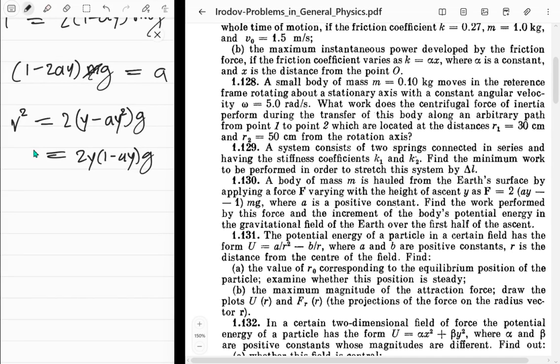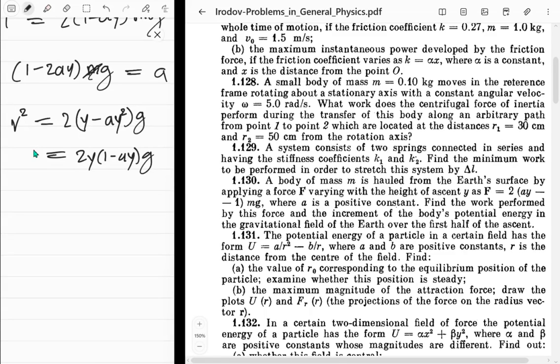It's not helping. Like y into 1 minus ay, that kind of integration is not easy to do. You want something that is easier to do. Come on. What do they mean by half the ascent?